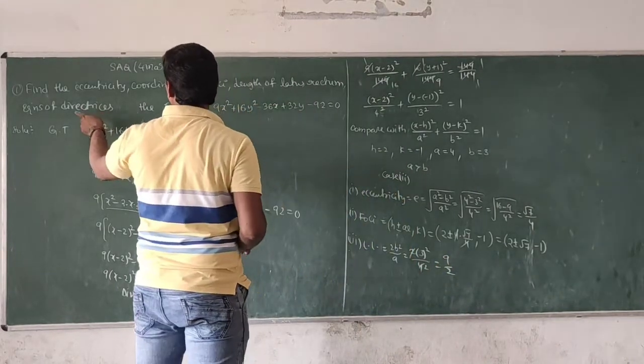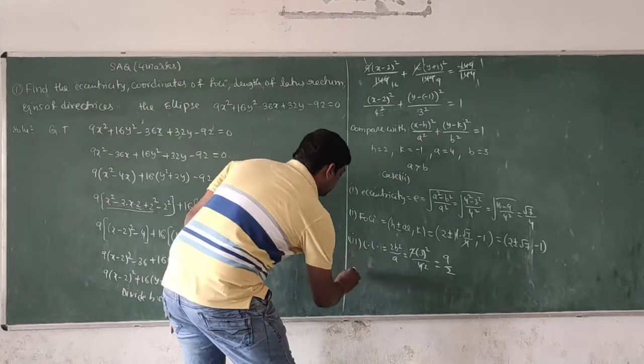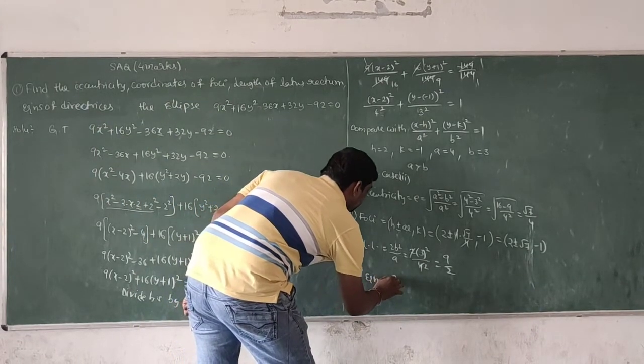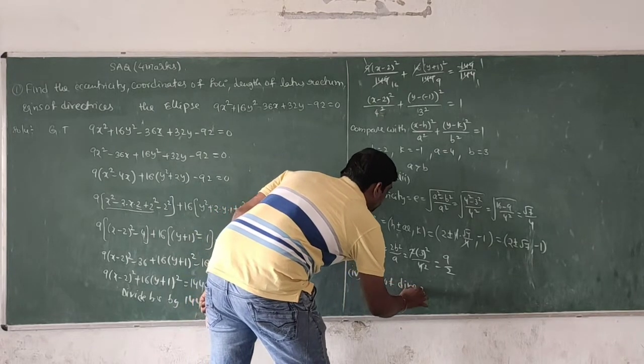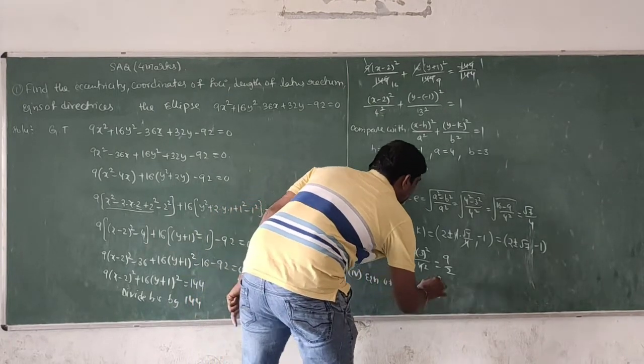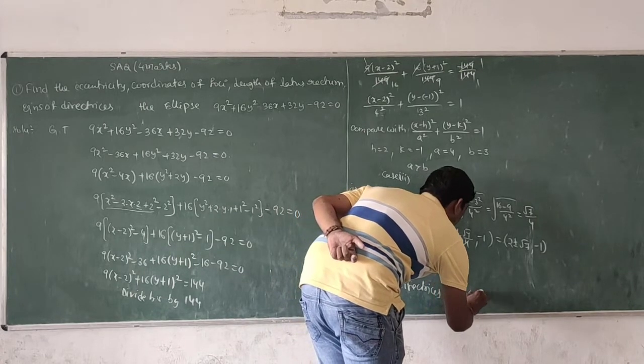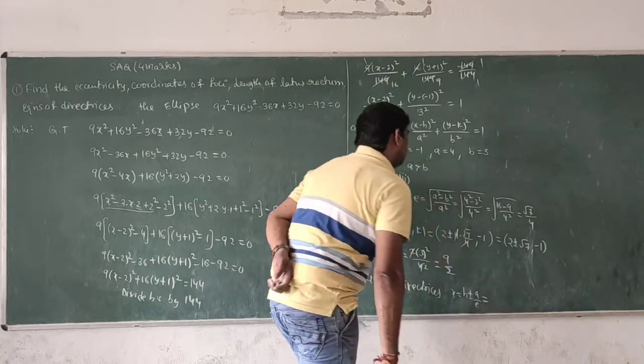Next, equation of directrices. In the third case, x equal to h plus or minus a by e.